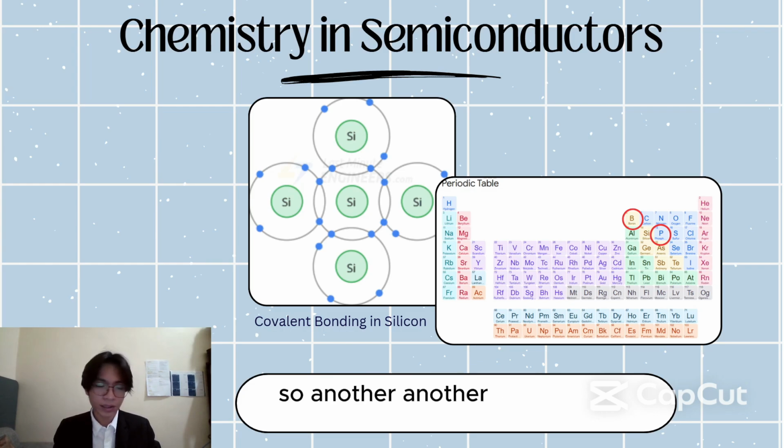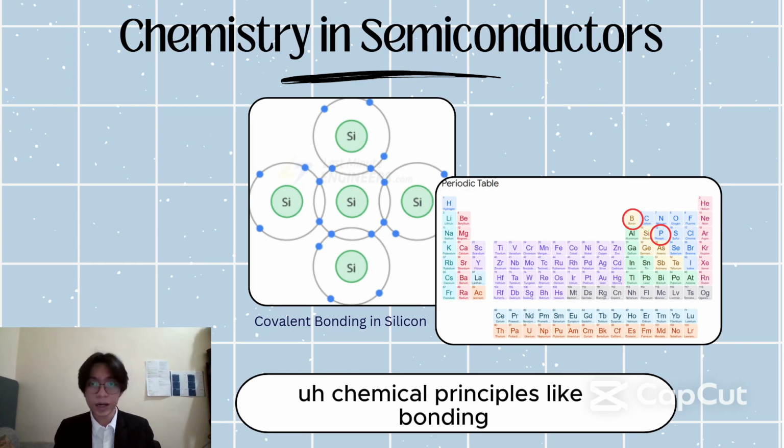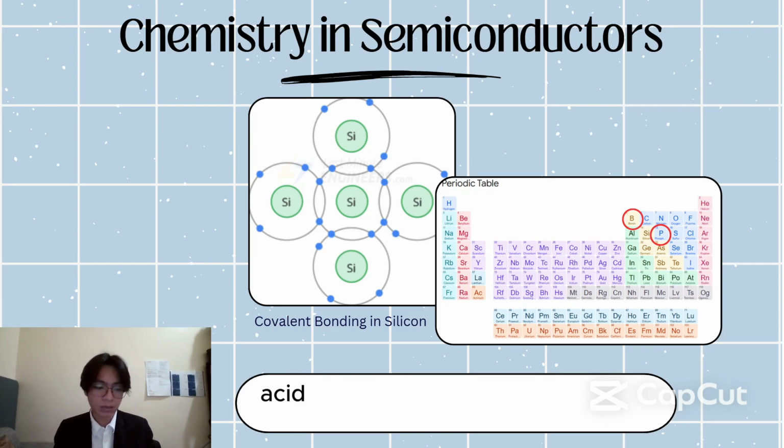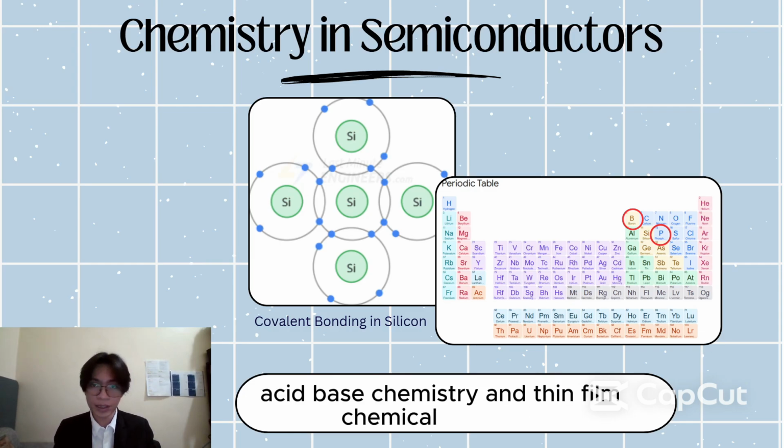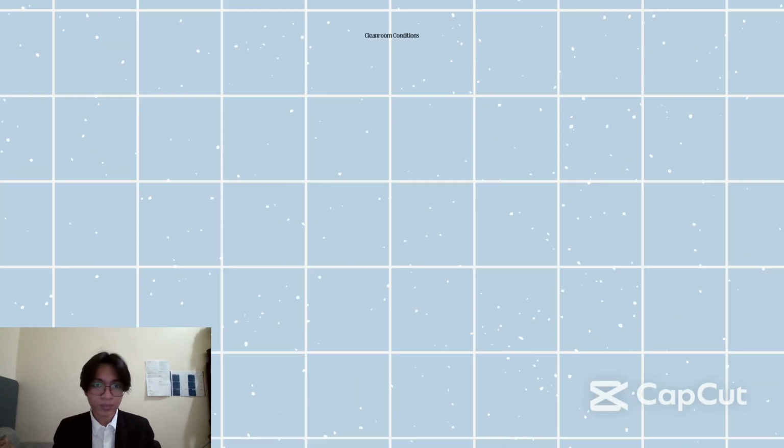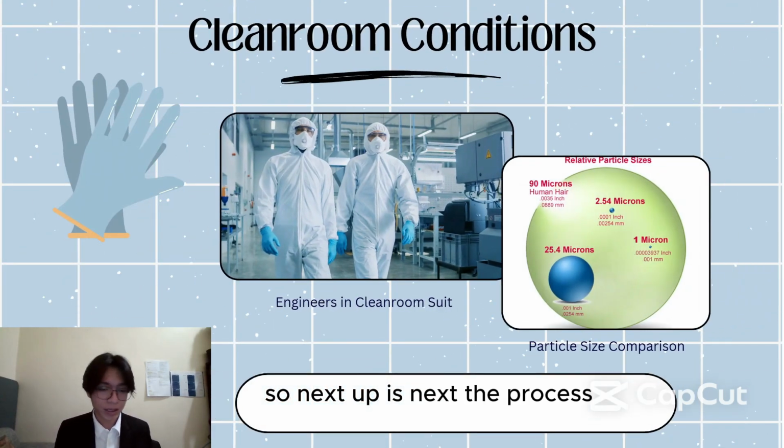Another chemistry fact is that oxidation forms the protective layer SiO2 on the wafers. And lastly, etching uses acids or plasmas. Deposition methods like CVD create functional layers. This slide shares some core chemical principles like bonding, redox reactions, acid-base chemistry, and thin film chemical synthesis.